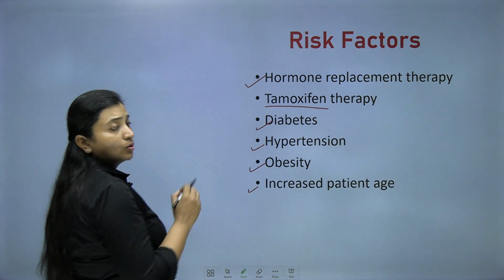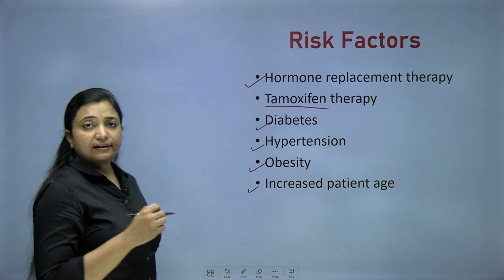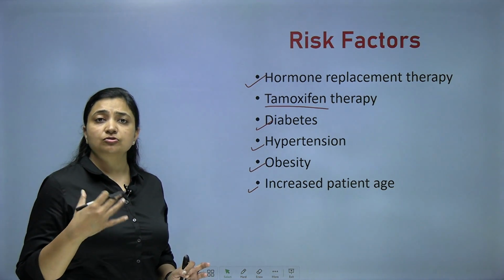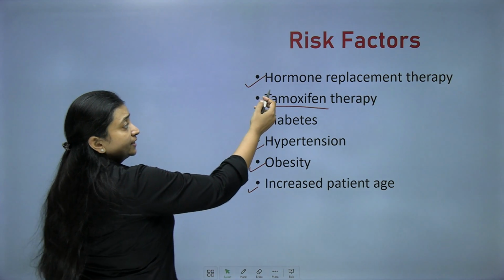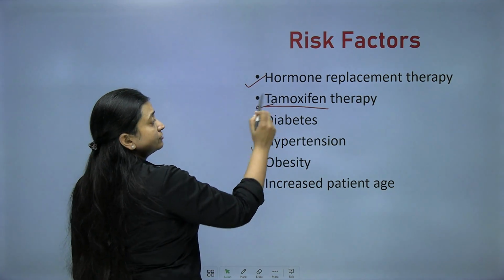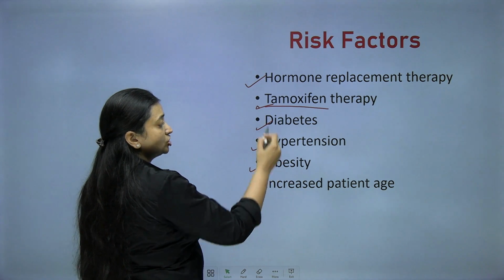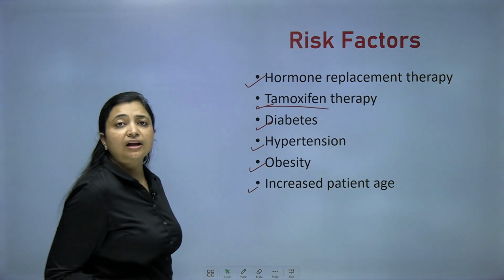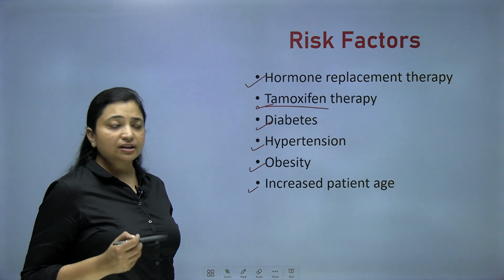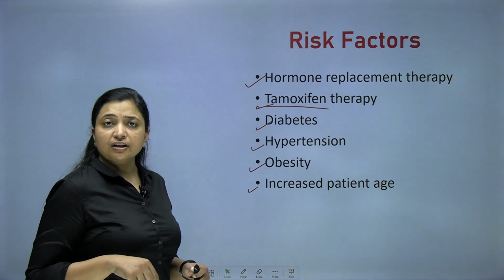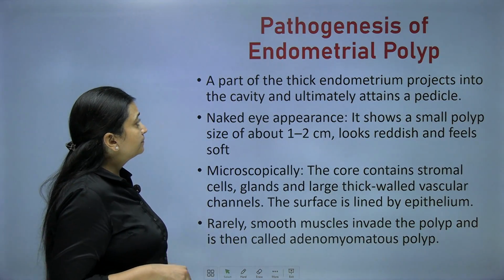If we look closely, all of these risk factors are creating an environment of hyperestrogenism. Hormone replacement therapy, obviously. Tamoxifen itself is anti-estrogenic, but diabetes and hypertension all lead to endometrial hyperplasia because of increased estrogen. In obesity, you will find increased peripheral conversion into estrogen.